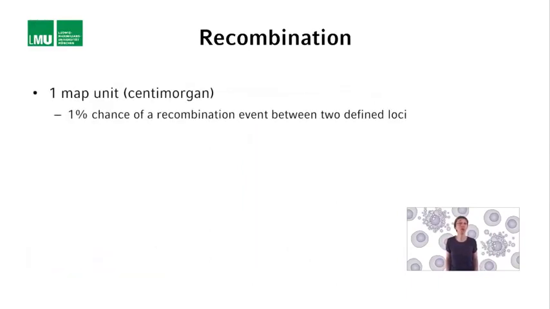And map units, or centimorgans, are a genetic unit and are defined as 1% recombination. In 100 meioses, one would expect to see 1 recombination event between 2 loci that are 1 map unit apart.